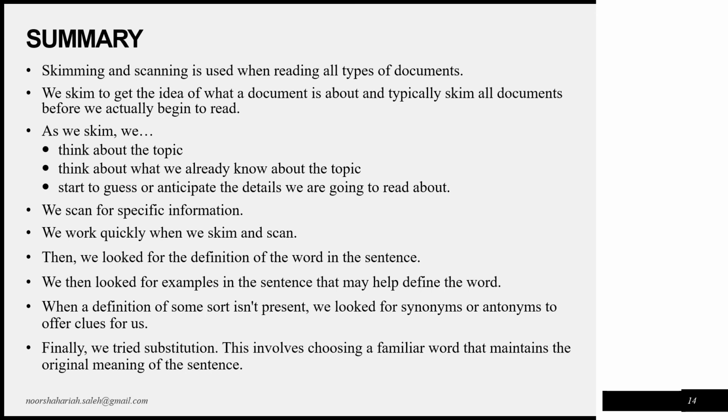There are 5 ways that we have looked into: definition, antonyms, synonyms, substitute, and examples. Actually, there are more, but these are the 5 ways or techniques of guessing the meaning based on the context that are very common in use.